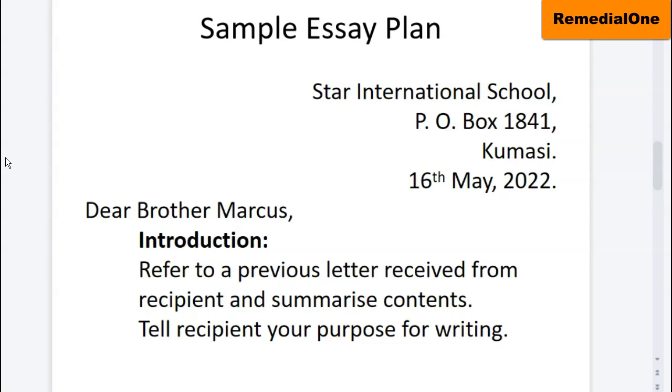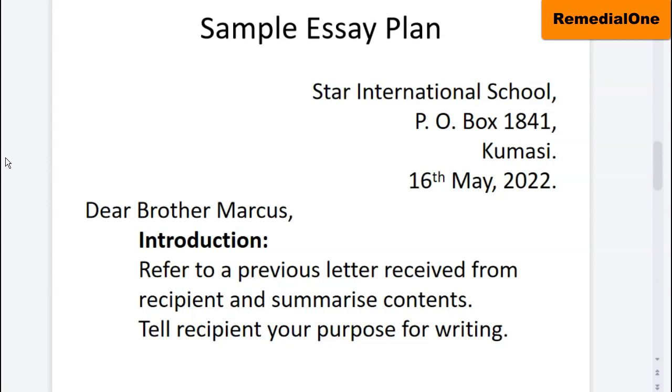So per this plan, the candidate is going to put all these in one paragraph. There is really no need to separate your preliminary or opening sentences from the thesis statement because they all make up the introductory paragraph.